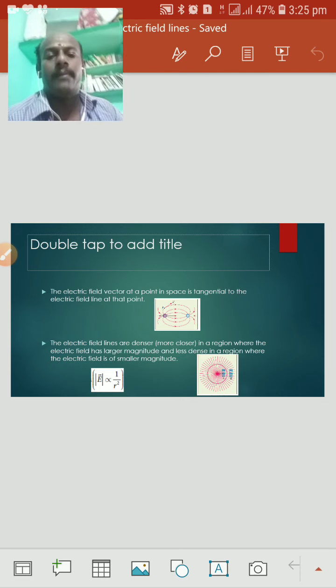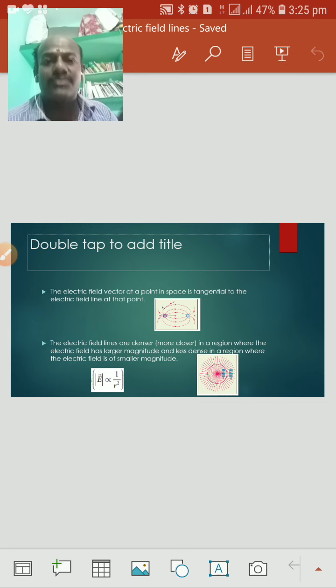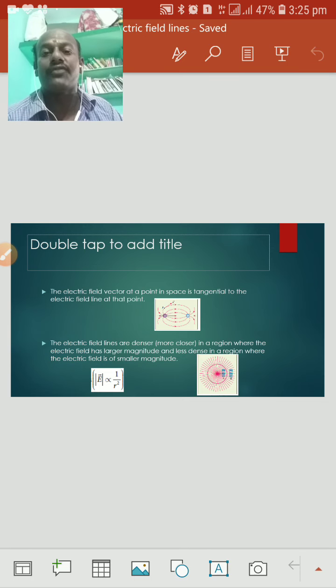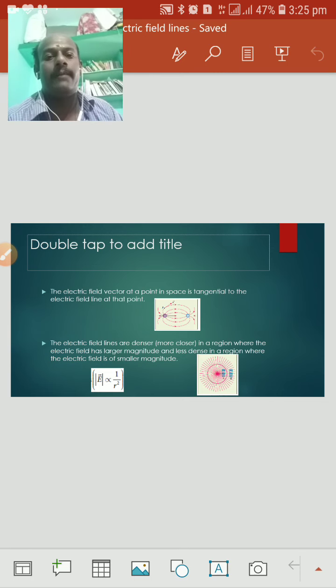And the fourth one, the magnitude or the strength of the electric field. We know the electric field can, in other words, be called the electric field intensity. That intensity can be identified with the help of the number of lines.